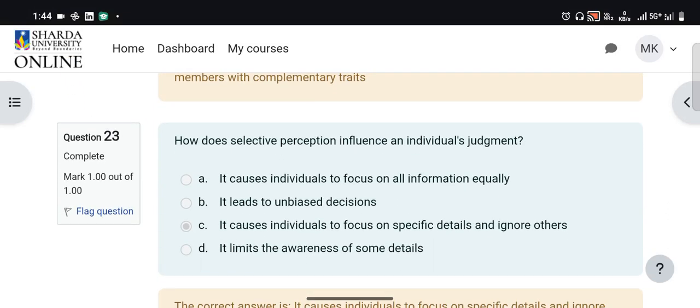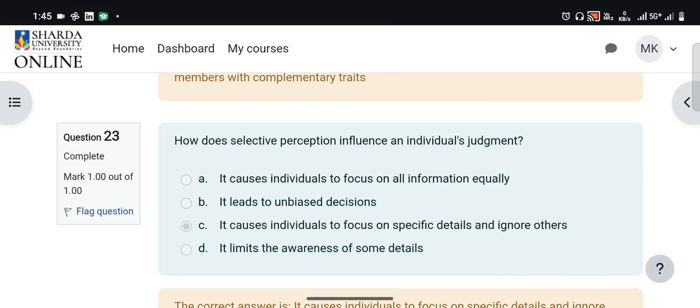Question number 23. How does selective perception influence an individual's judgment? Option A, it causes individuals to focus on all information equally. Option B, it leads to unbiased decisions.